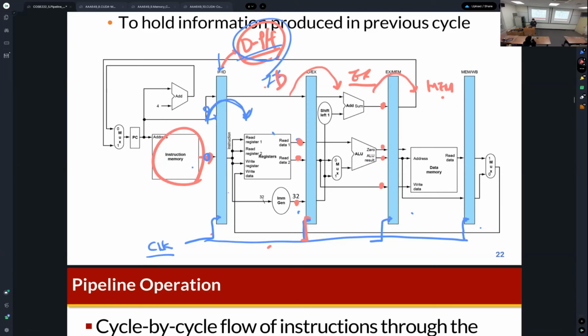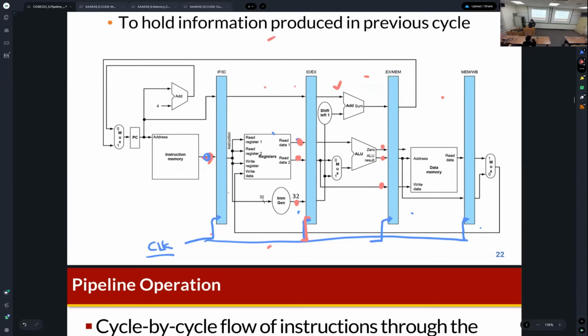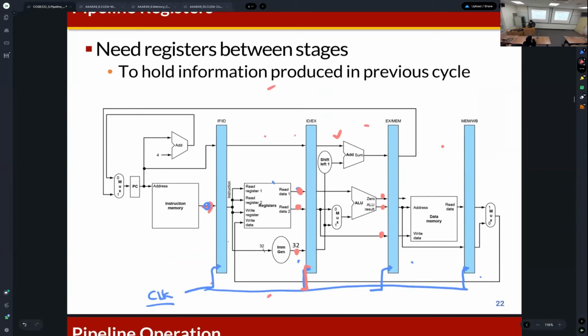Okay, so what is required? We require D flip-flops, and these D flip-flops are called pipeline registers. These registers are different from the general purpose registers of RISC-V.